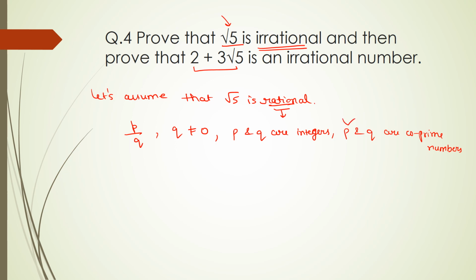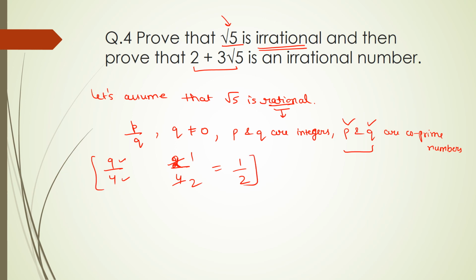When p and q do not have anything common except 1, then the HCF should be 1. Let's say if I say 9 by 4, you can see there is nothing common between 9 and 4. But when I say 2 by 4, you can't say that 2 by 4 is in the required form, because 2 and 4 are not co-prime. They have a common factor. So firstly simplify them, then you will say that 1 by 2 is rational. Anyways, this was an additional thing.